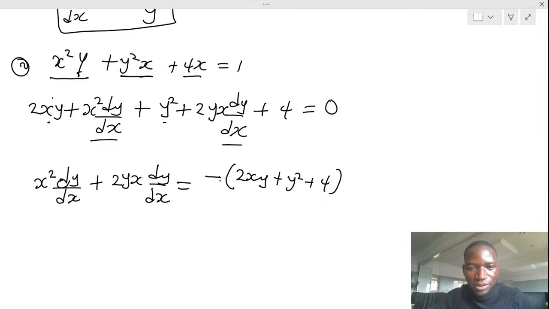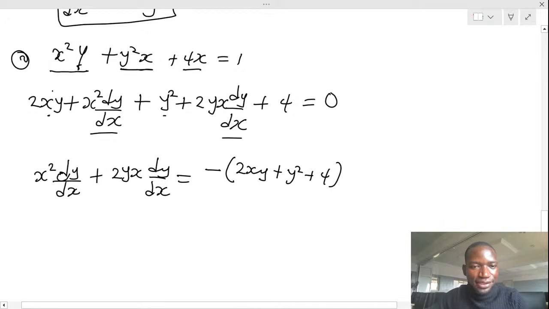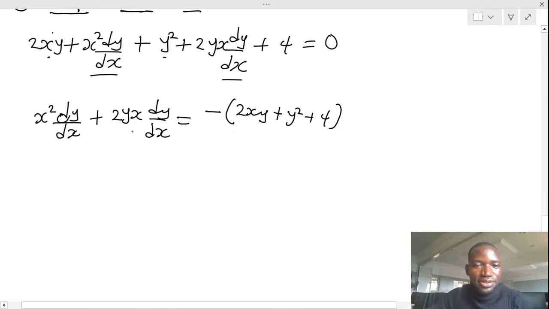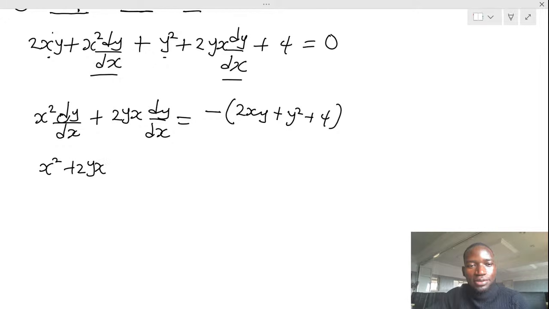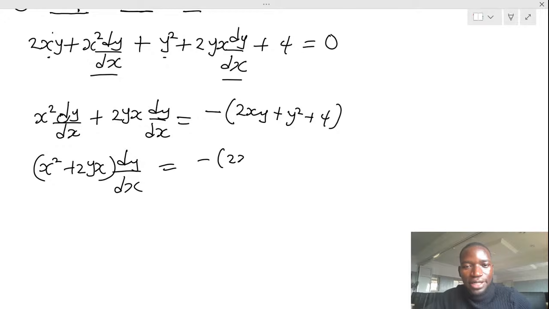Don't forget, that's minus 2x minus y squared minus 4. So I included everything in the bracket. That's what we have left here. Then you can factorize dy by the x here. So if you factorize dy by the x, we are going to have x squared plus 2yx times dy by the x equal to minus, open the bracket, 2xy plus y squared plus 4.